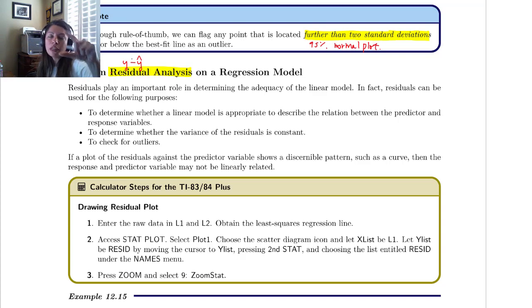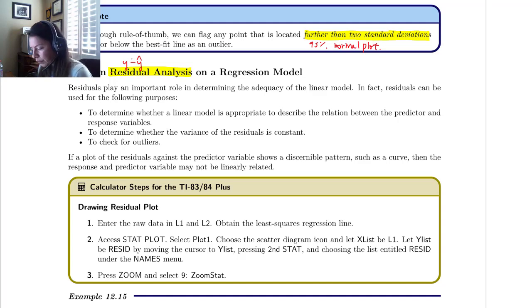And if we take one that's really far out there, we're going to see that distance be very large and then call it an outlier. So we can scan through all these residuals, all these distances from the predicted to the observed, and determine if there's an outlier. Now, we're not going to do that by hand, because in real life we get hundreds and thousands of pieces of data. So we're just going to have a calculator do it for us.